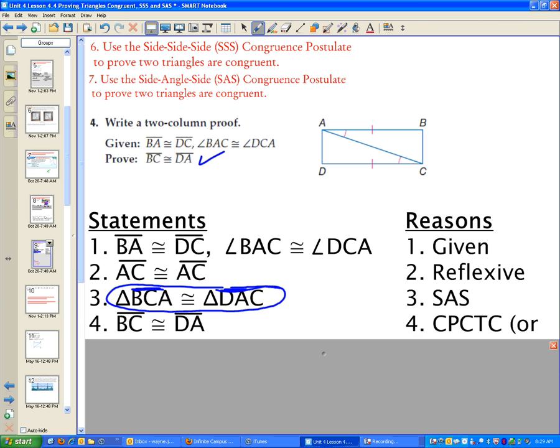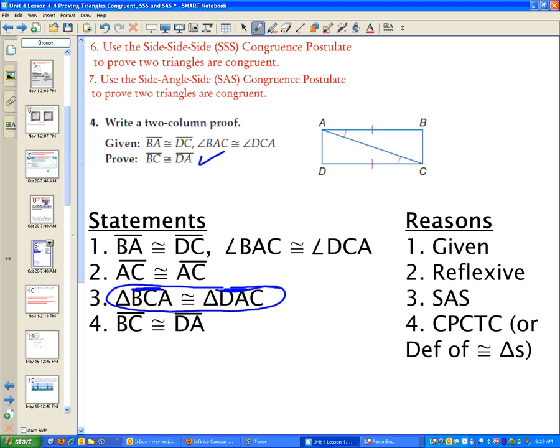So, last step. Segment BC is congruent to segment DA, and this is where the book uses the CPCTC. The reason is corresponding parts of congruent triangles are congruent. We just stated the triangles are congruent. Now we're stating one pair of corresponding parts of those congruent triangles are congruent. Or use definition of congruent triangles. You don't have to write down both reasons.